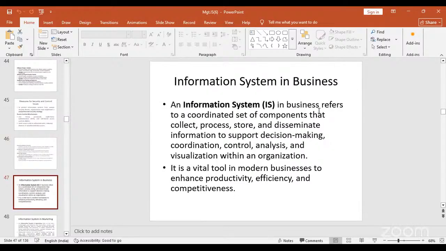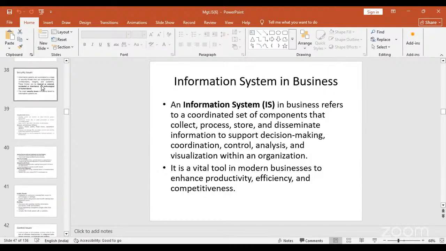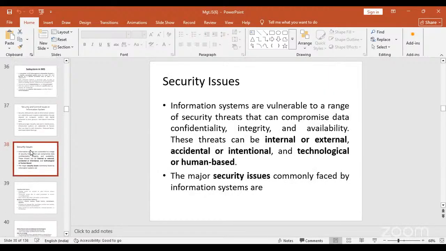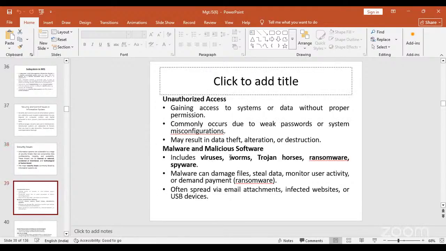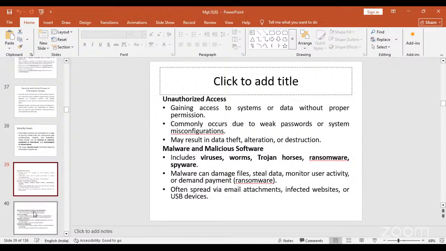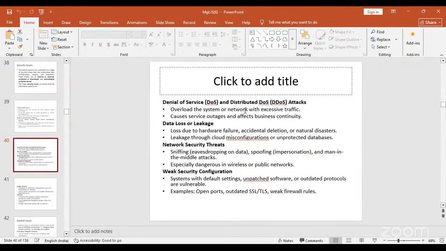That is security and control issues. Then what are the measures of security and control issues? We have already completed the security issues and control issues. Security issues: unauthorized access, malware or malicious software, denial of service or distributed denial of service attacks, data loss or leakage, network security threats, then weak security configuration.